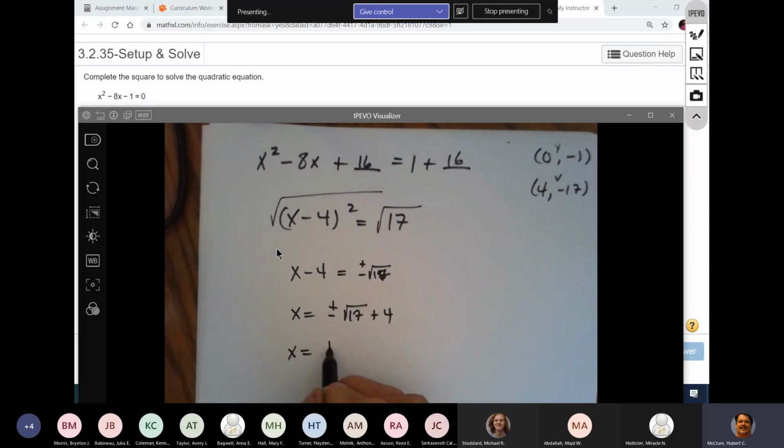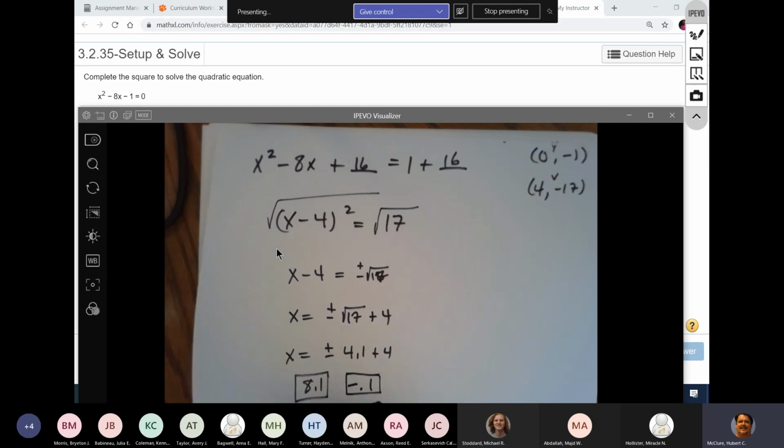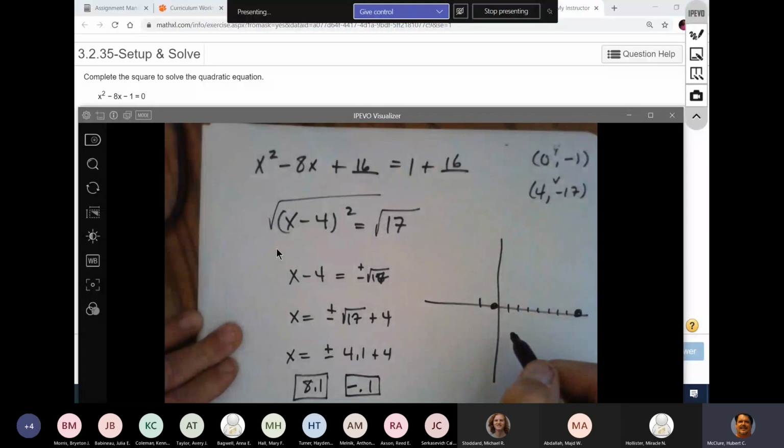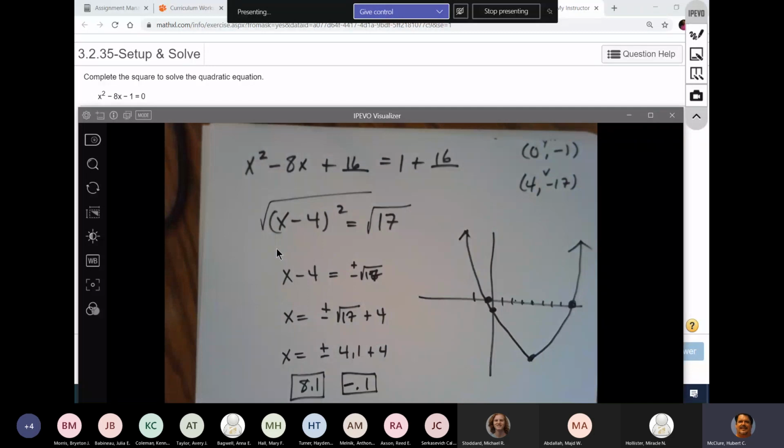So x is equal to 8.1 and negative 0.1. So this graph looks like this. And that's the graph.